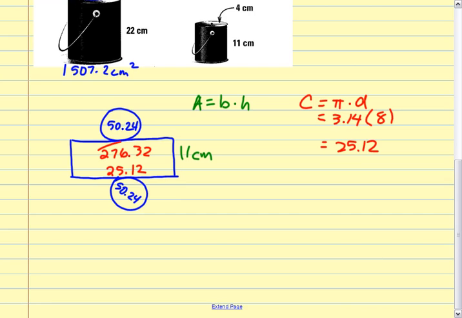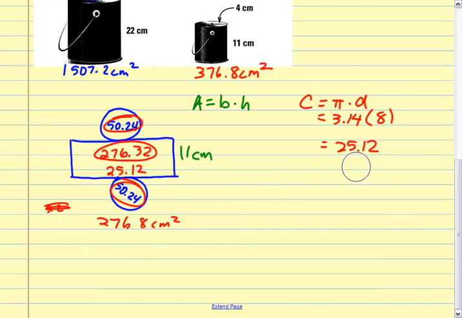How do I find the surface area of the whole thing then? How do I find that, Isabella? Add them all up. Would you add them up for me? 376.8 centimeters squared. Excellent. Okay. Now, let me get rid of this work.